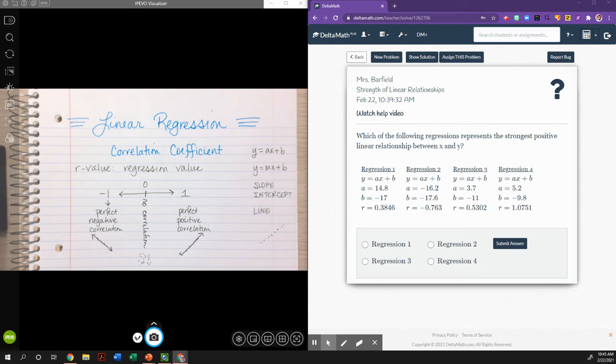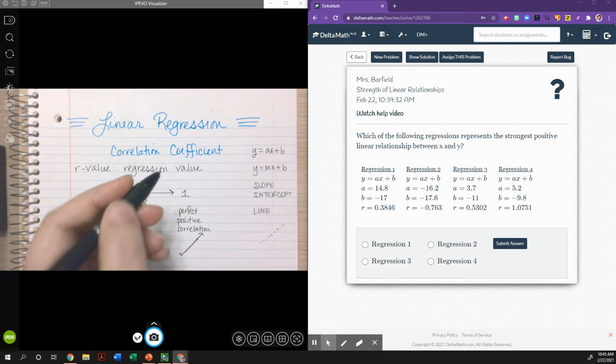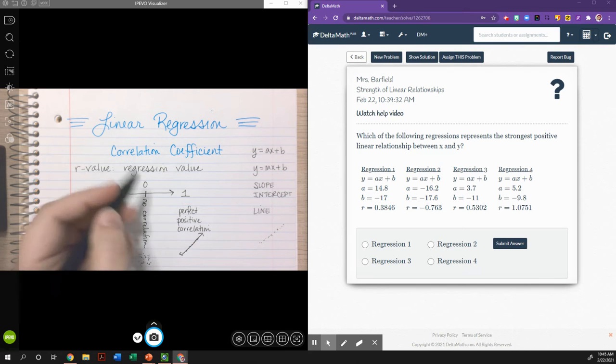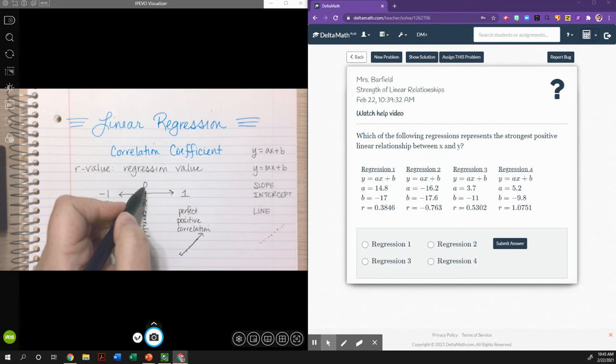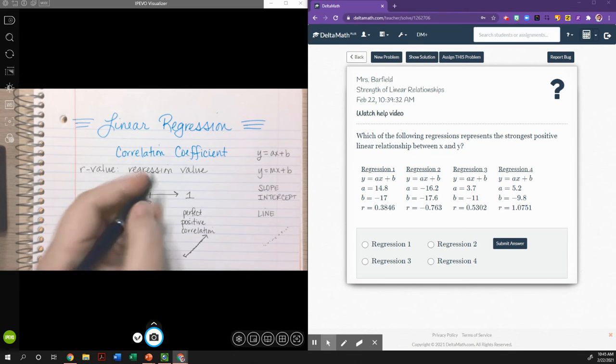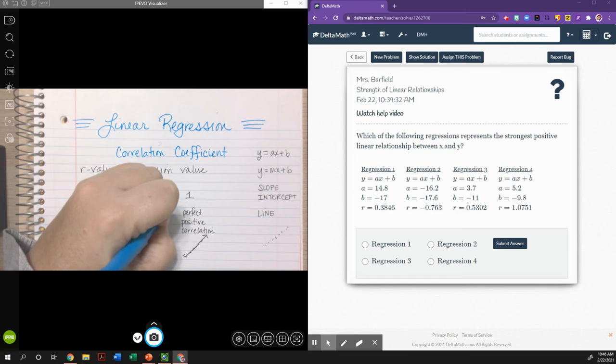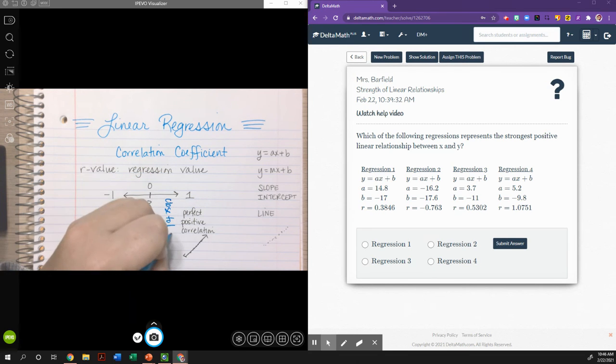But now I have to account for the strong and the weak. If you're close to 1, then you're strong. If you're close to 0, you're weak. So if I'm close to 1, I'm strong.